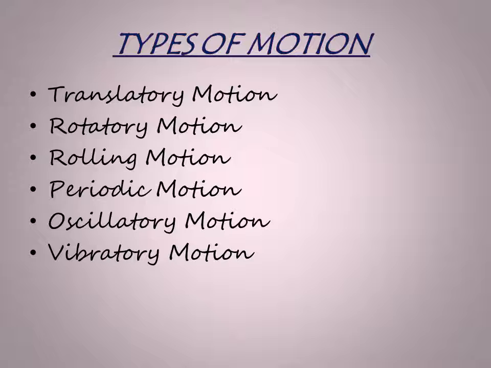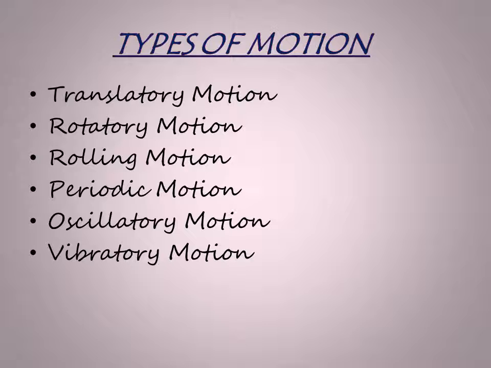Number one, translatory motion. In translatory motion we have linear or rectilinear motion, circular motion, and random motion. Another is rotatory motion, that means rotation.